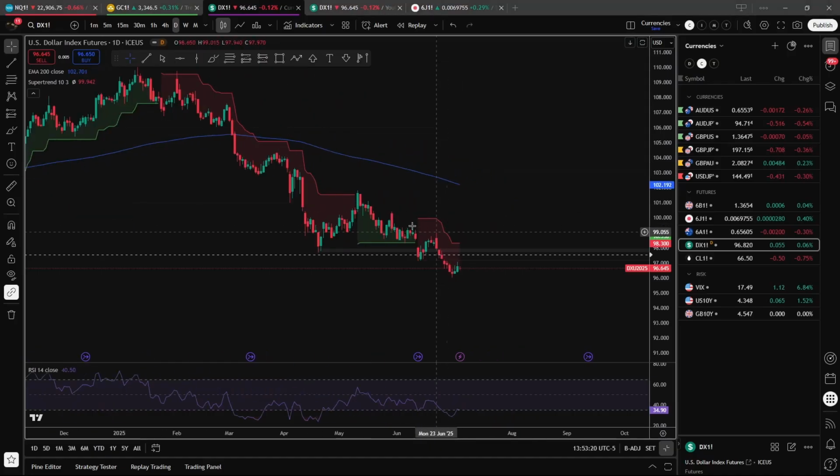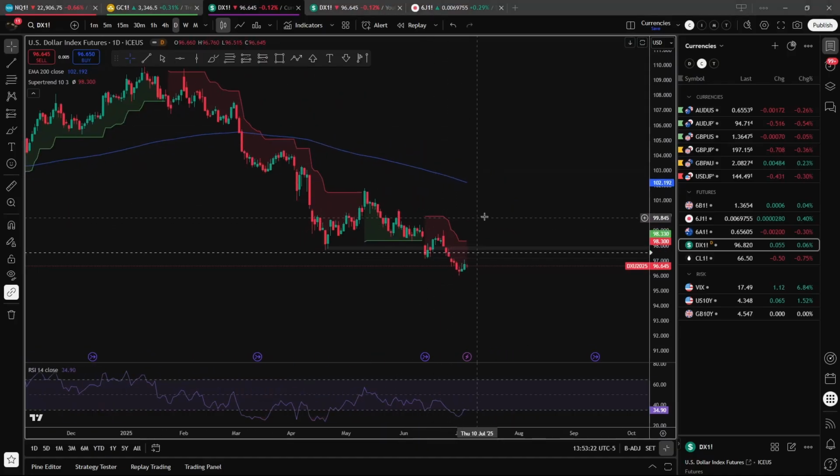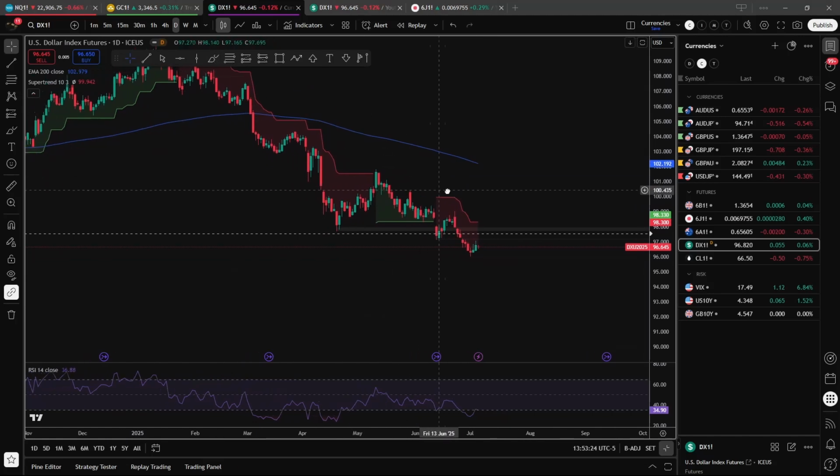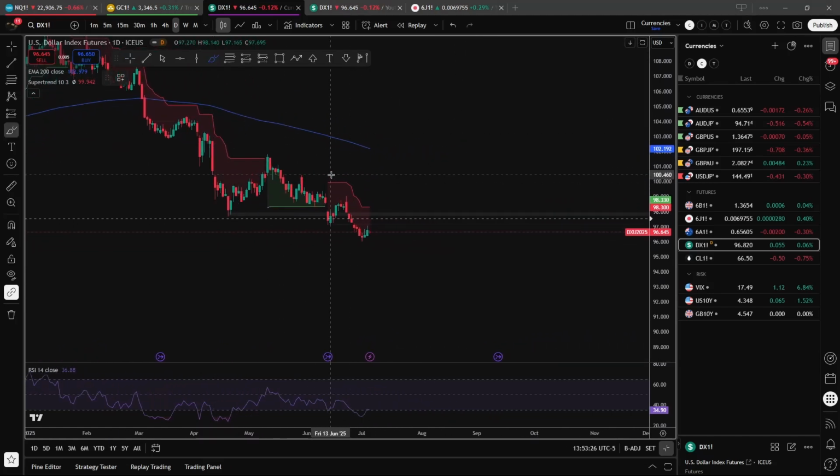So for SuperTrend, we're below the SuperTrend. As you can see, this right here is red, so SuperTrend is telling us that the trend is down. We're also below the moving average here, so that is also bearish. And then the RSI, you can see that we have slowly started to get out of oversold.